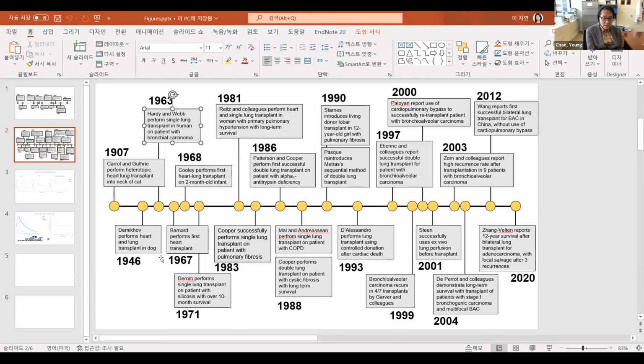And let's take out the heart transplant, kind of outside our scope. Just lung transplant, single and then double. And then the indication doesn't matter, just the first in human.